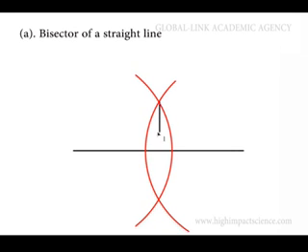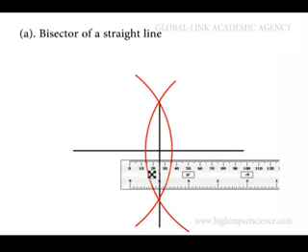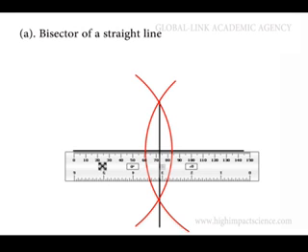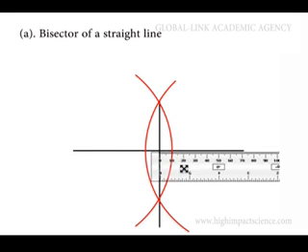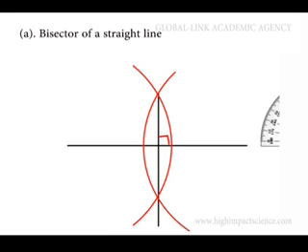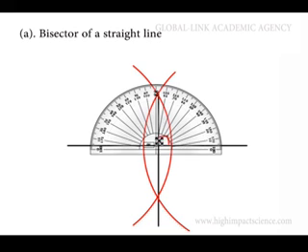And that line is a perpendicular bisector of our line. And you can confirm that the length on the left equals to that on the right. Again, the angle here is 90 degrees.